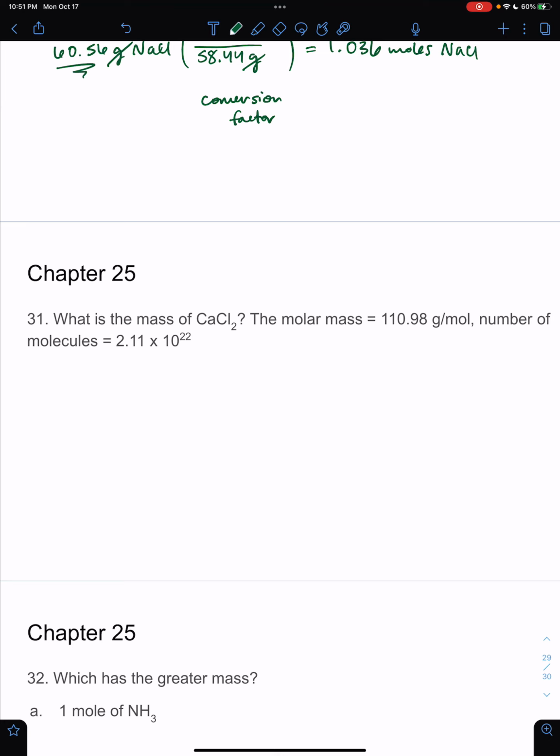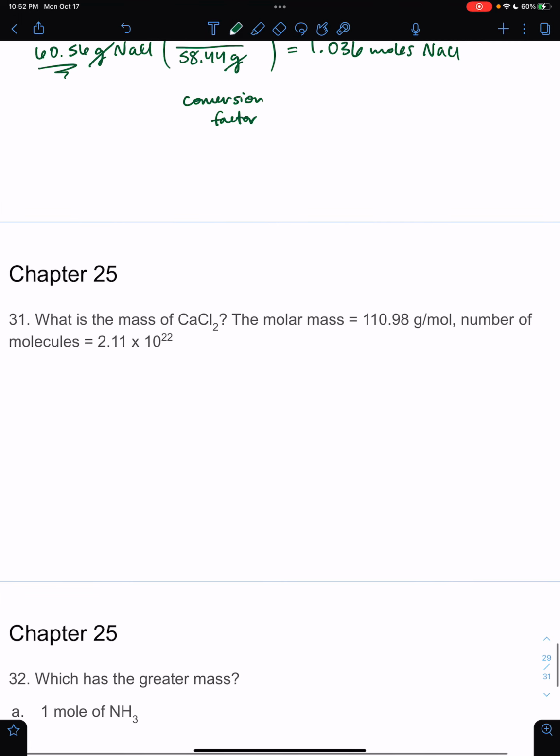So this one is a little bit trickier. Actually, we're going to be starting with number of molecules. I'm trying to get to mass. We can't really do that directly because number of molecules is in molecules per mole and mass is in grams.